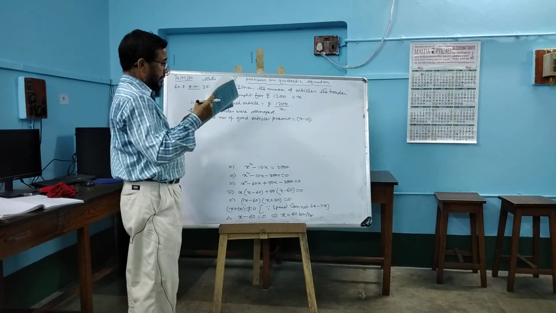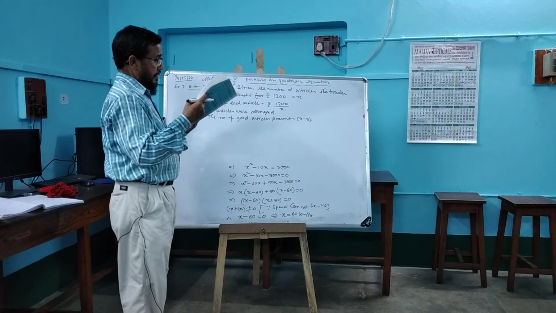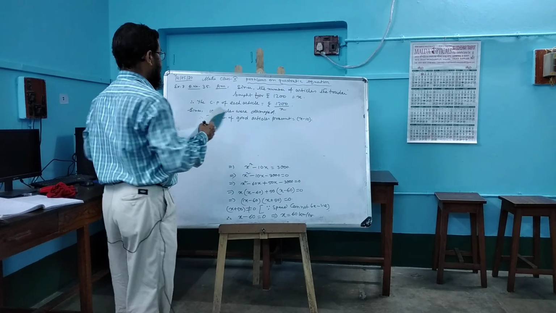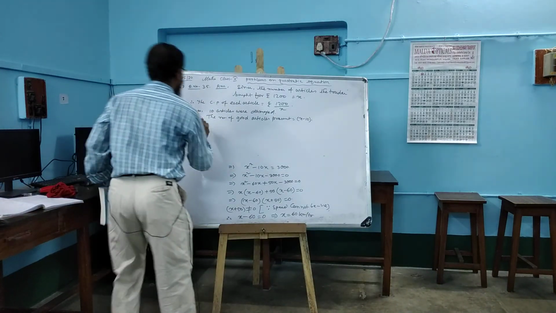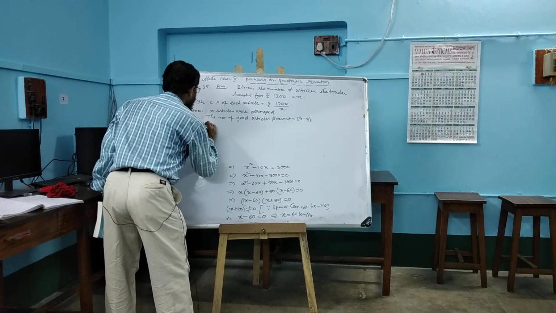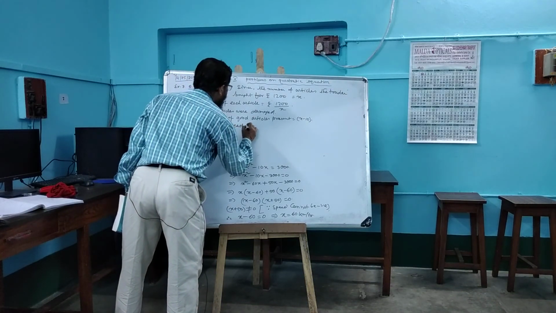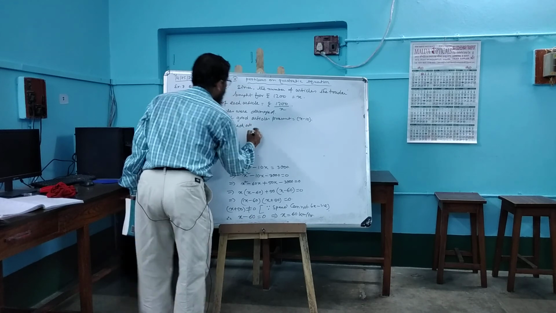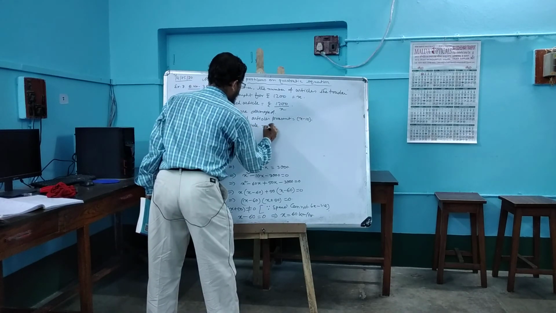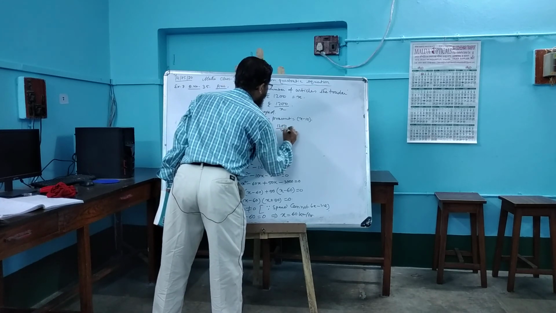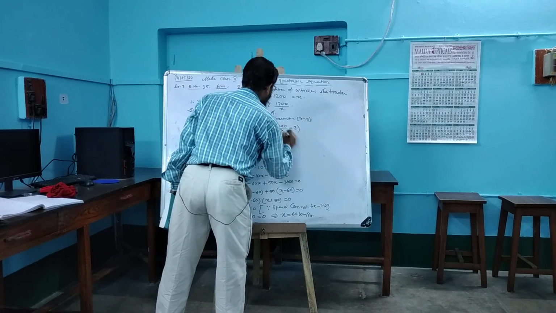What is the cost? And sold the rest 2 rupees more. Therefore, the SP of each article equal to rupees 1200 by x plus 2.